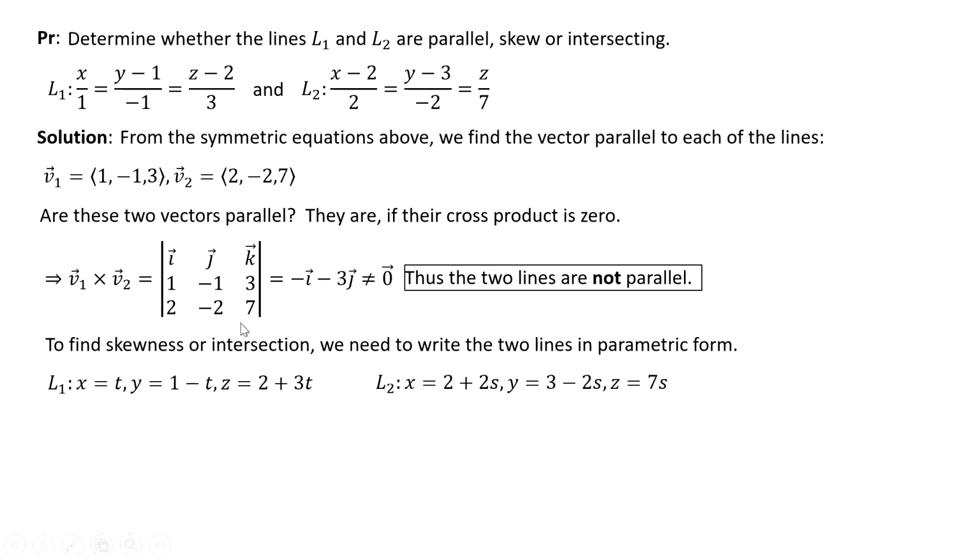Notice, pay attention to this please, if the two lines intersect at a certain point, then the x, y, and z values of one line must be exactly the same as the x, y, and z values of the other line at that point. Would you agree? Let me repeat that.